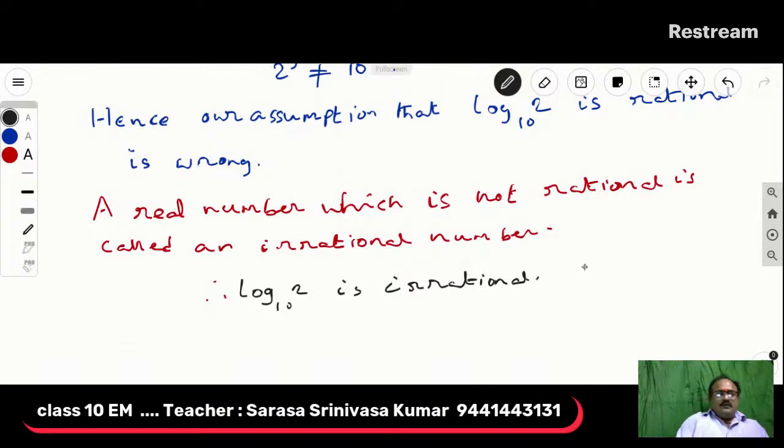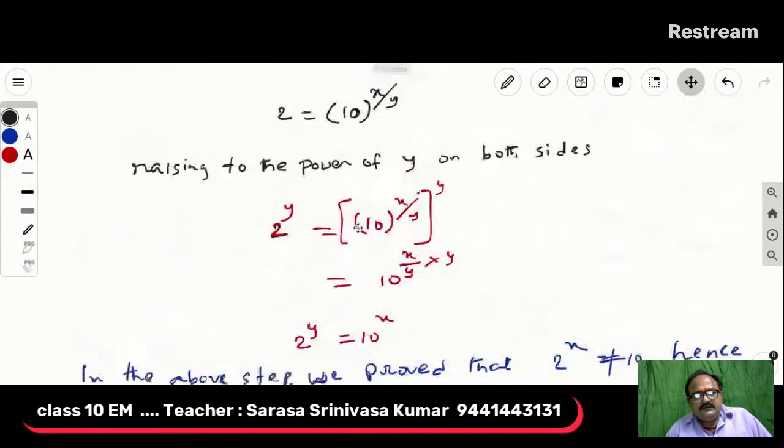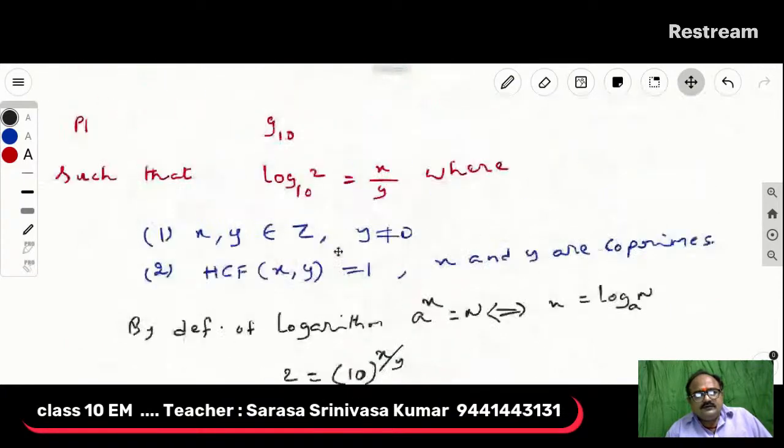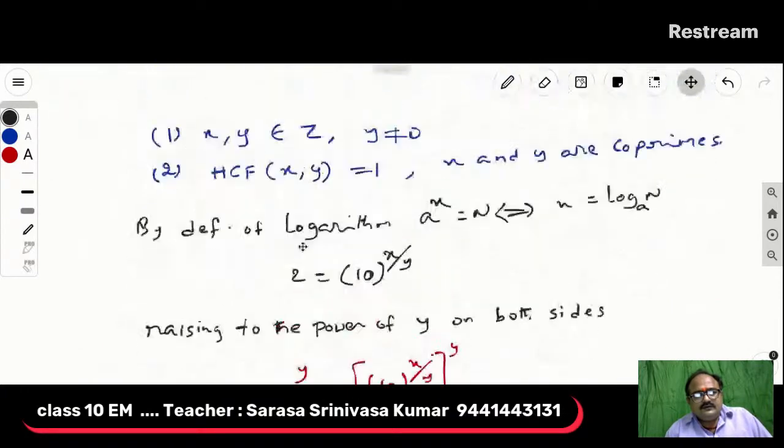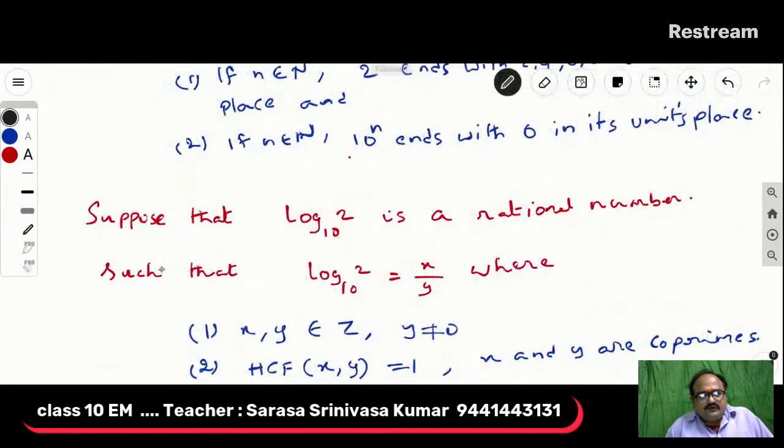Here, what all of you should remember is that the base for this problem is 10. The actual problem starts from this step.